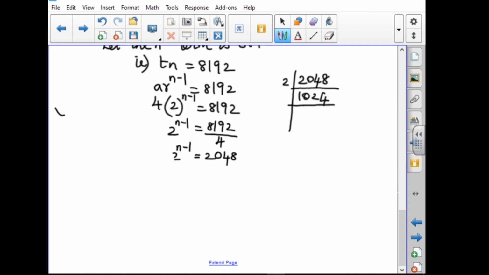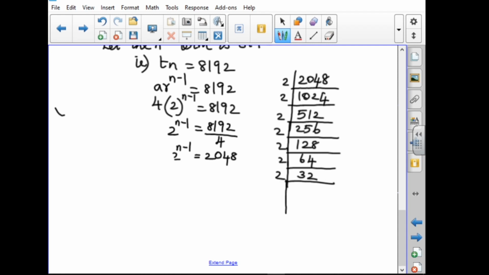Again, it is an even number, so divide it in the 2 table. Again the 2 table, because it is an even number. 256, 128, 64, 32, 16, 8, 4, 2, 1. Counting the 2s, 1, 2, 3, 4, 5, 6, 7, 8, 9, 10, 11.